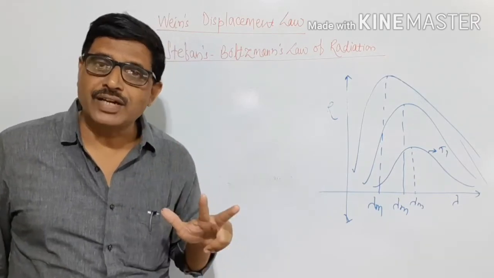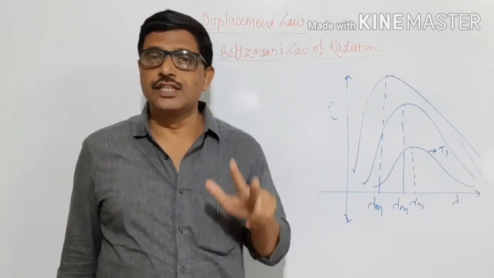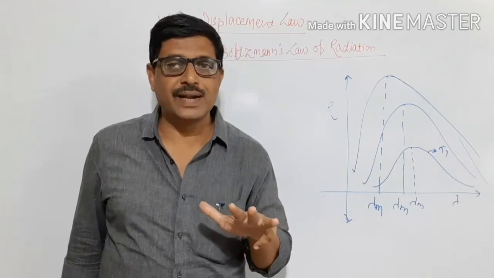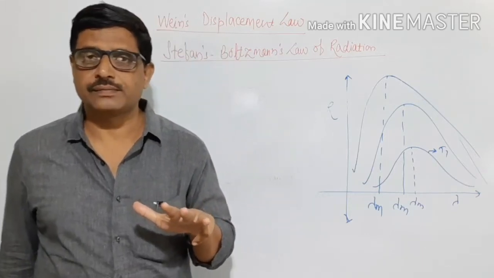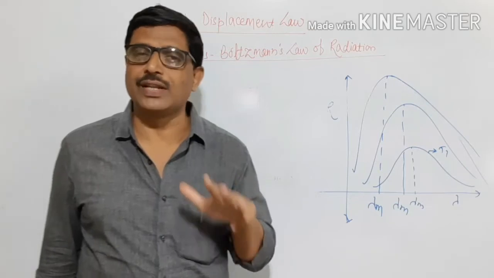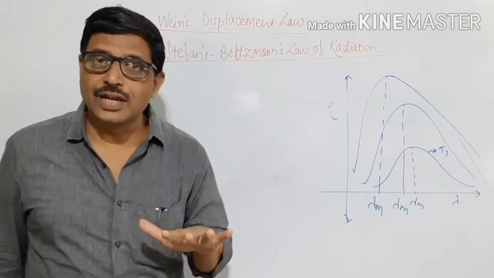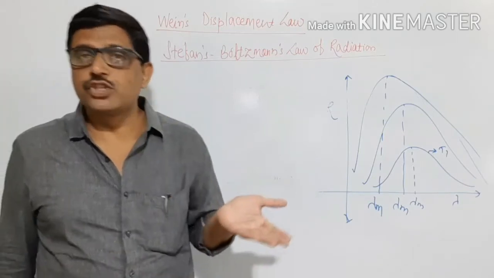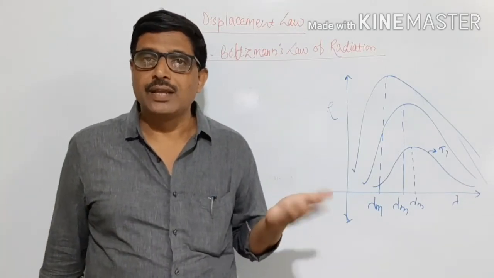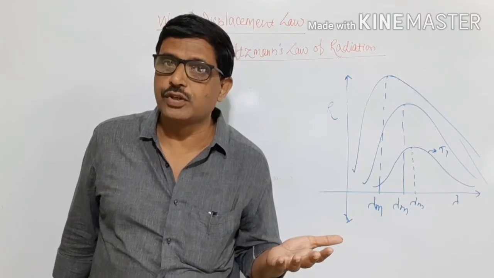The emissive power changes with wavelength. This emissive power is maximum at a particular wavelength. The particular wavelength at which the emissive power is maximum for a black body is inversely proportional to the absolute temperature.